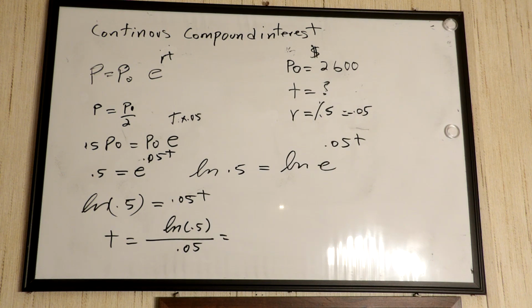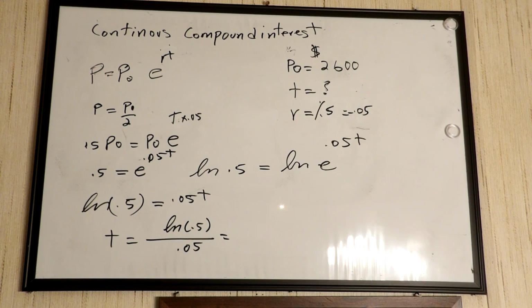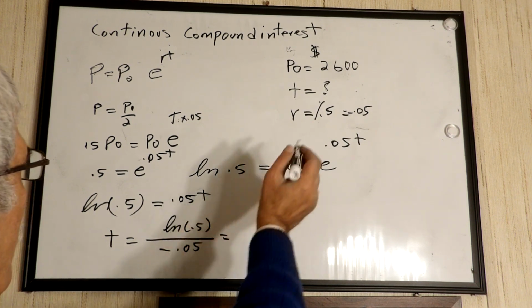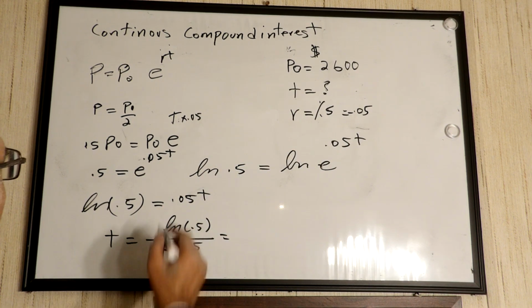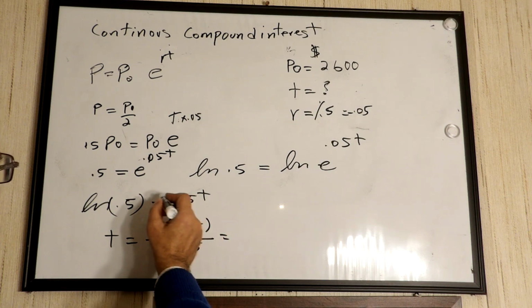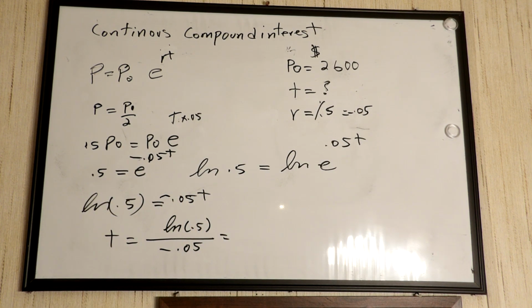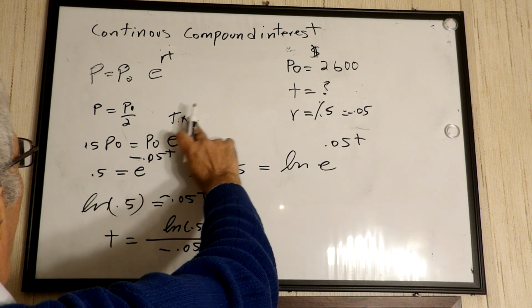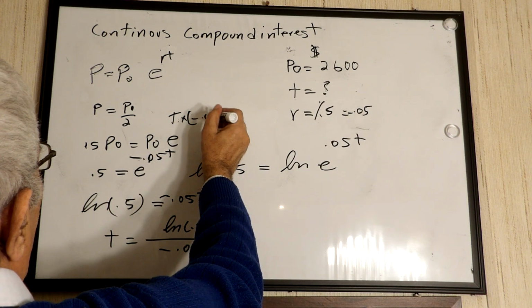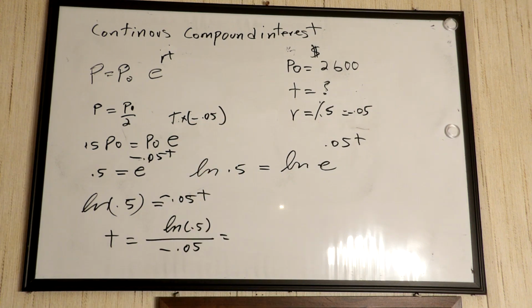So natural log of 0.5 divided by minus 0.05, because it's decay. You know, the rate is negative, it shows decay.